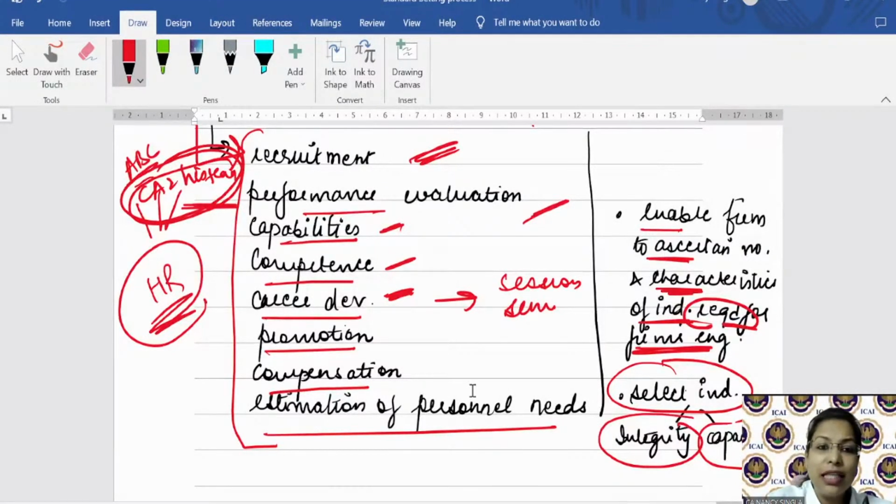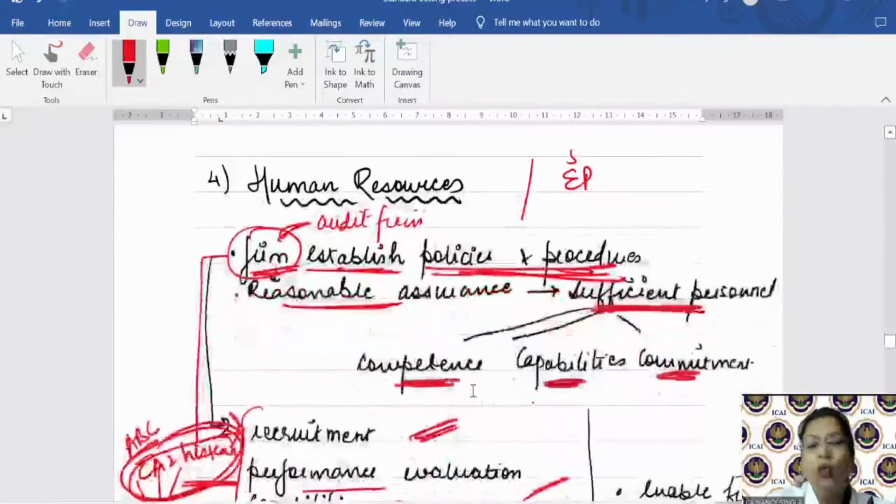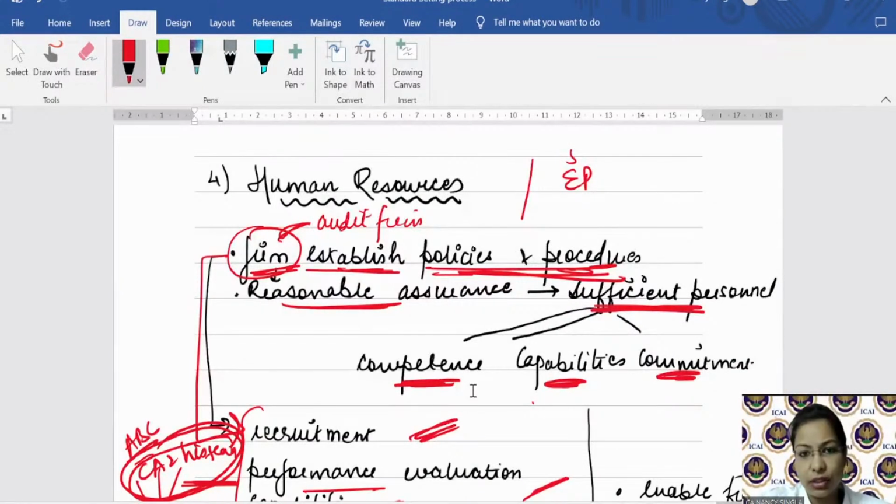ठीक है? तो basically what we are saying that in order to improve the quality of the work, the system of quality control of an audit firm should have policies and procedures relating to the human resource function. ठीक है? So as to obtain reasonable assurance that they have sufficient personnel with respect to competence, capability, commitment.